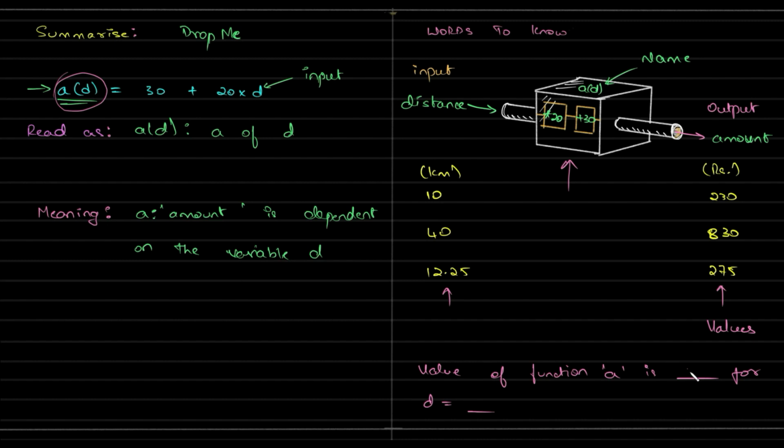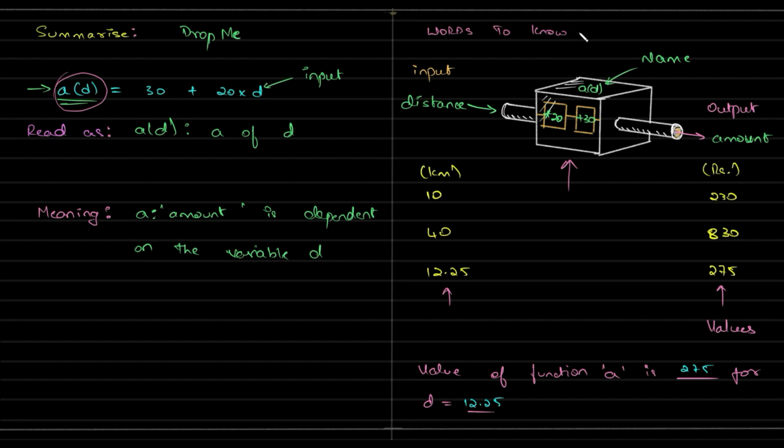Example, the value of function A is 230 for D being equal to 10. This is the language. The value of the function A is 275 for D being equal to 12.25. You got it? Value is nothing but a particular output for a particular input.